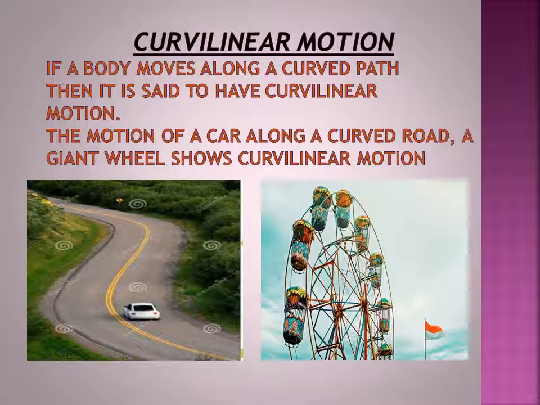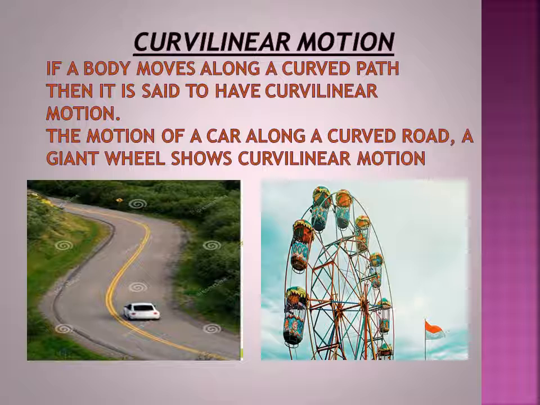Example: the motion of a car along a curved road, not a straight road, as we can see mostly in hill areas. Roads in hill areas are mostly curved because the road has been made by cutting through the forest or the mountains.